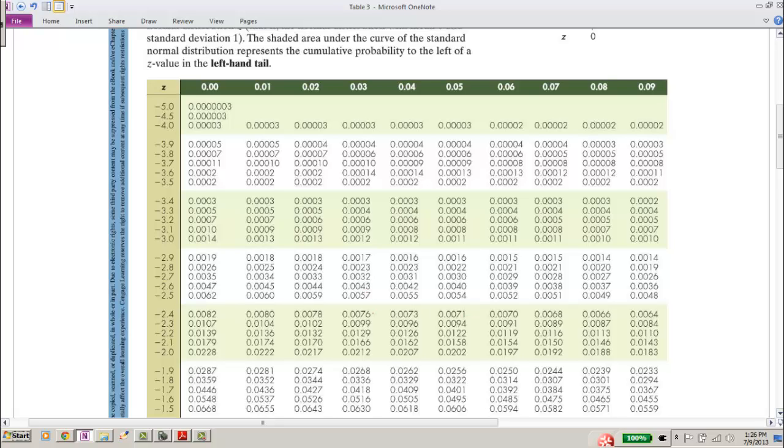Looks like the closest we're going to get is right here at 0.0099, and that has a z-score of negative 2.33.